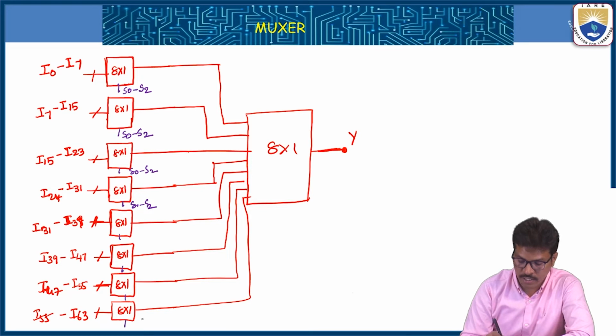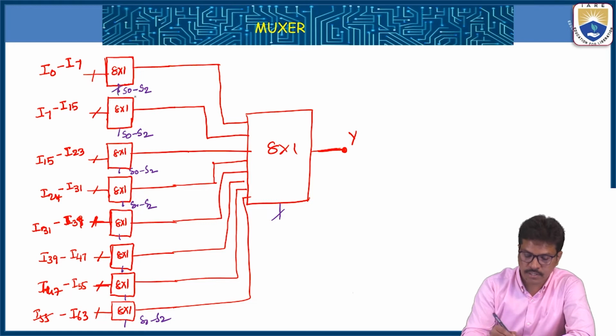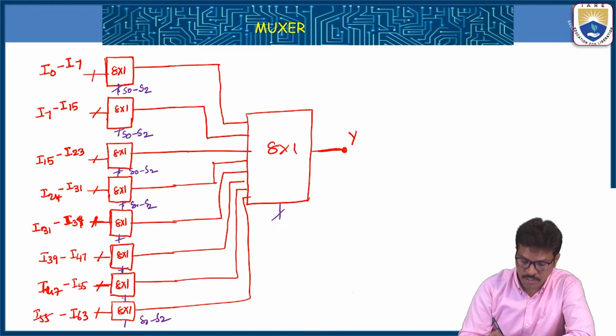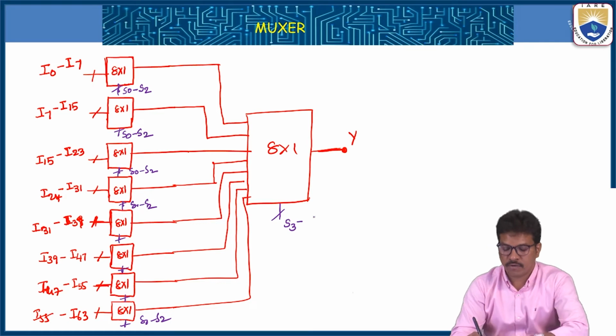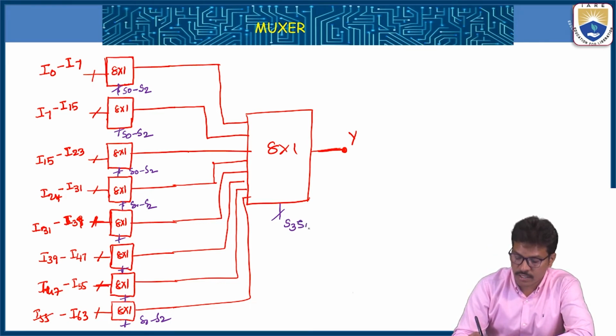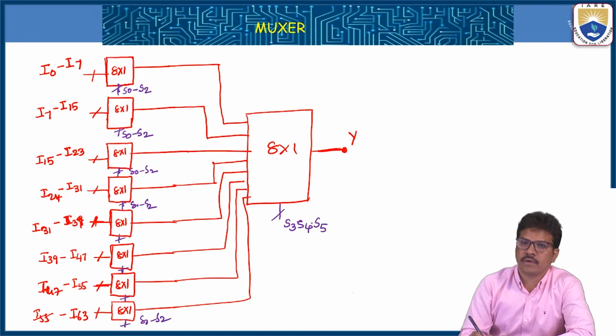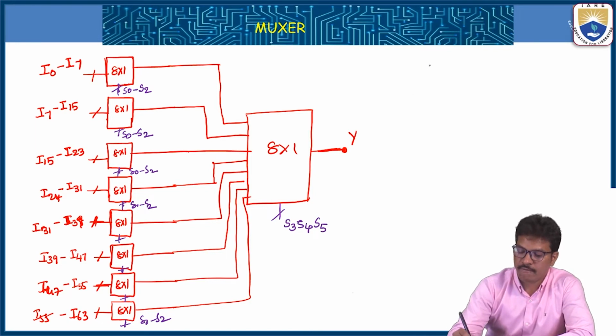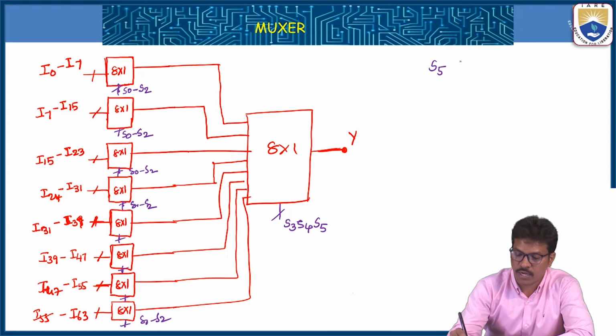Like that we can take S0 to S2 for each. The remaining higher order select lines are S3, S4, S5, for the second stage. So the select value is S5, S4, S3, S2, S1, S0.